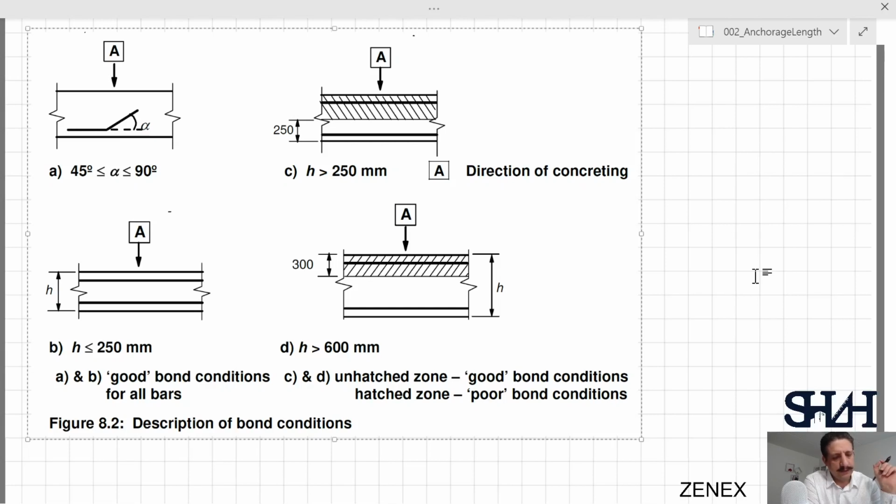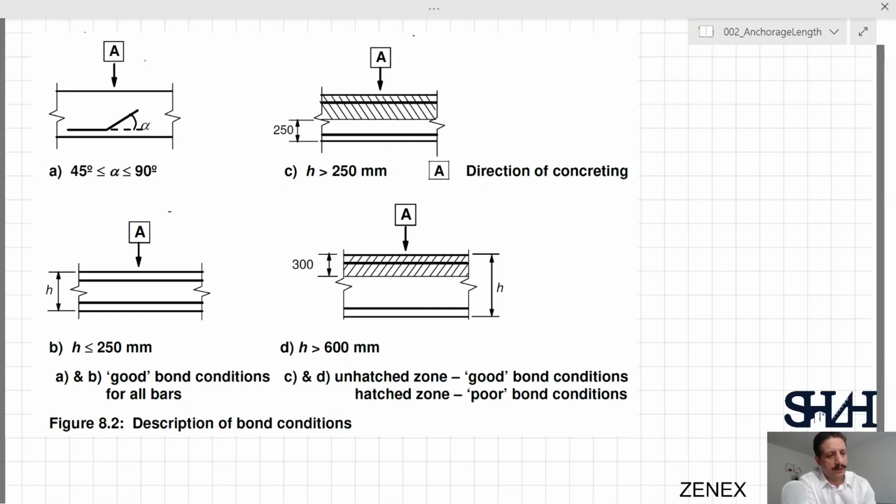In C and D, the unhatched zone is good bond condition, and the hatched part is poor bond condition. Here we can see the element height is greater than 250 millimeter but less than 600, because at D we have greater than 600. So part C is applied to elements between 250 millimeter up to 600 millimeter.